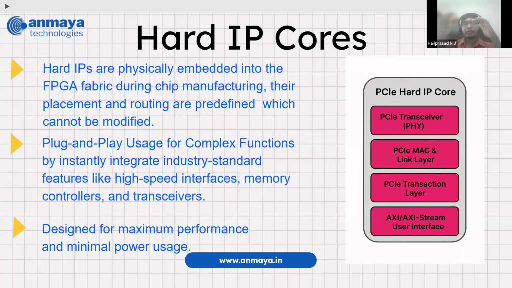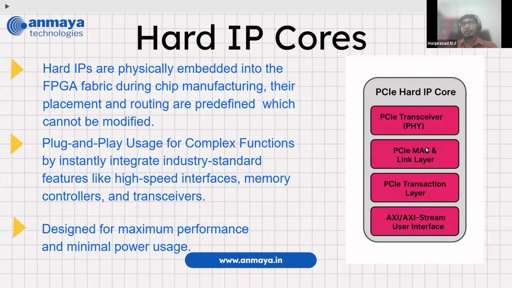These things we cannot actually put into an FPGA fabric, so they build hard core PCI IPs, so that only the user interface is left. They embed the MAC layer, transaction layer, and in certain cases the transceiver layer, and this MAC layer, transaction layer, user layer, they make soft.